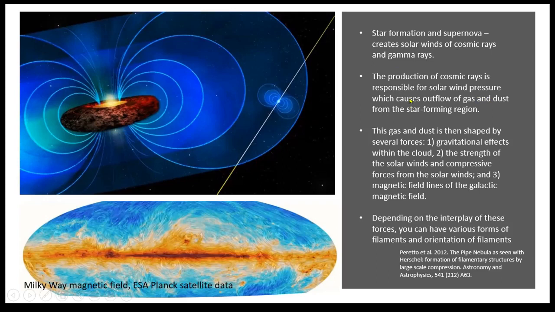A lot of these clouds have star-forming regions in them, so there's outflow generated by these winds. The gas and dust is then shaped by several forces: gravitational effects within the cloud, the strength of the solar winds, and the magnetic field lines of the galactic magnetic field. Depending on the interplay of these forces, you can have various forms and orientations of filaments. I thought that was interesting.